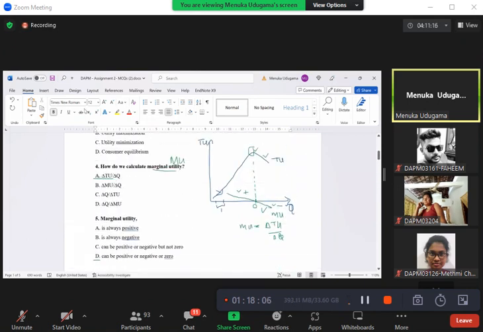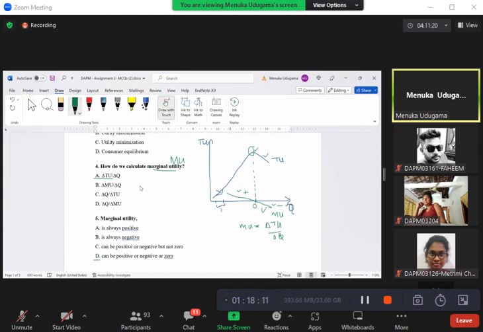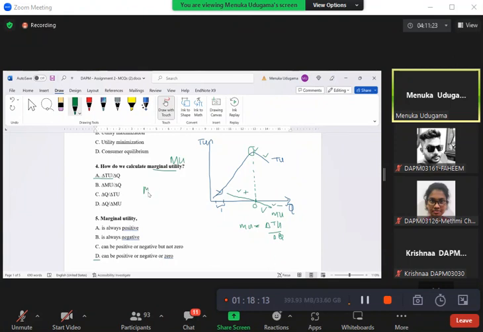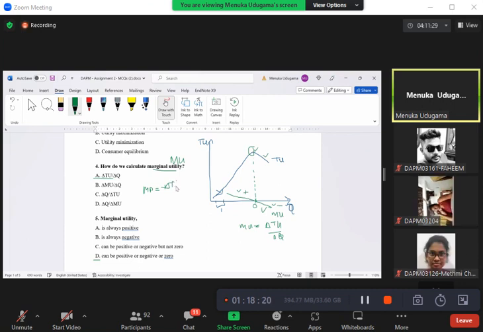This total utility over the change in Q. Marginal product would be change in total product over change in input. If input is X, then marginal cost, if you can remember, is change in the total cost over change in output, isn't it?